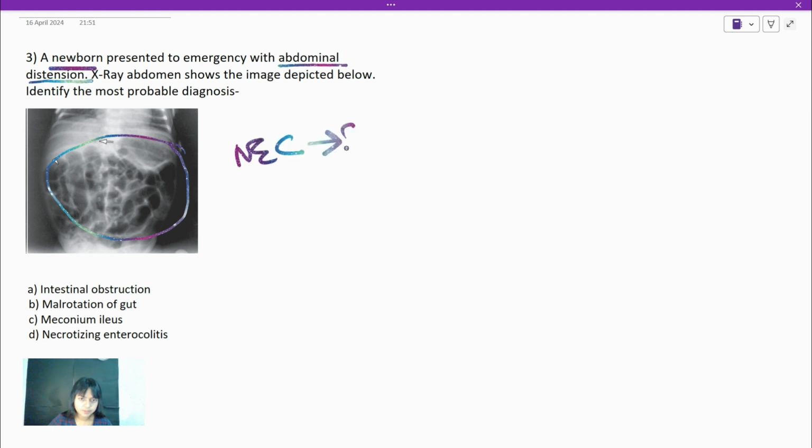Why NEC? Because you can see pneumatosis intestinalis. Okay, what is that? The gas shadow along the bowel wall. Here can you appreciate, students? Yes. Okay, you can appreciate the gas shadow along the bowel wall.